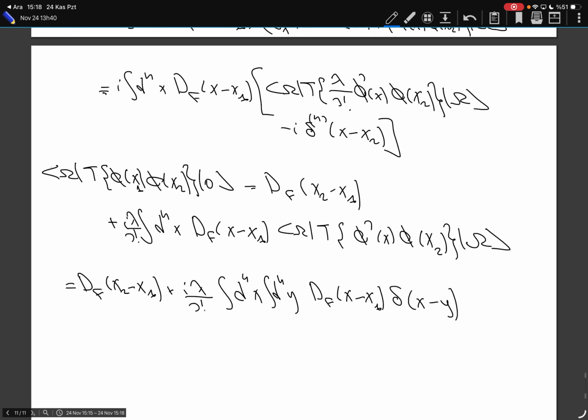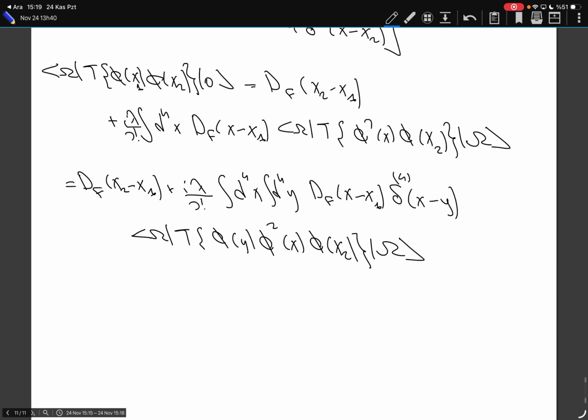Integrating over y will just give me 1, so I'm not actually doing anything. I have φ³(x), the product of 3 φ(x)'s. I'm just replacing one of them with y, and if you integrate over y, I didn't change anything.